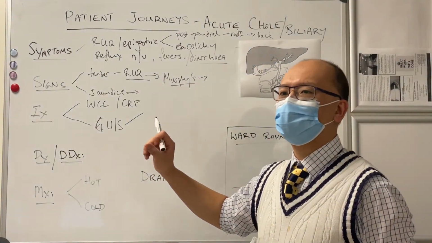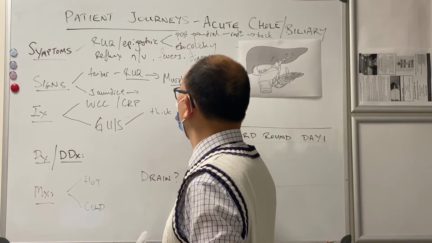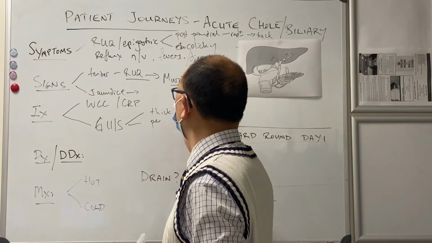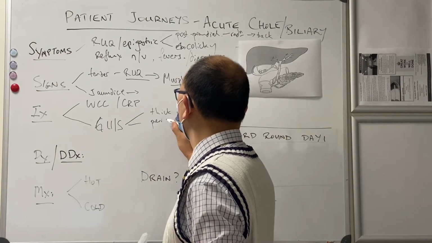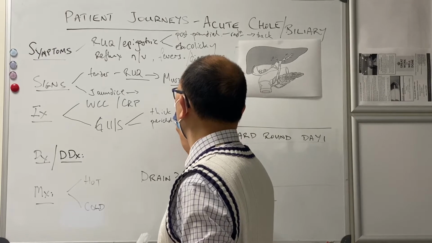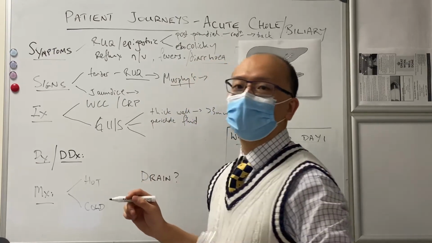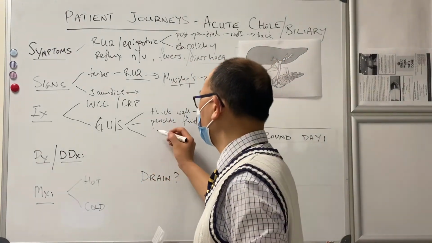A thick wall, greater than 3 mm, and pericholecystic fluid. What else? The presence of calculi, and whether they're mobile or not.